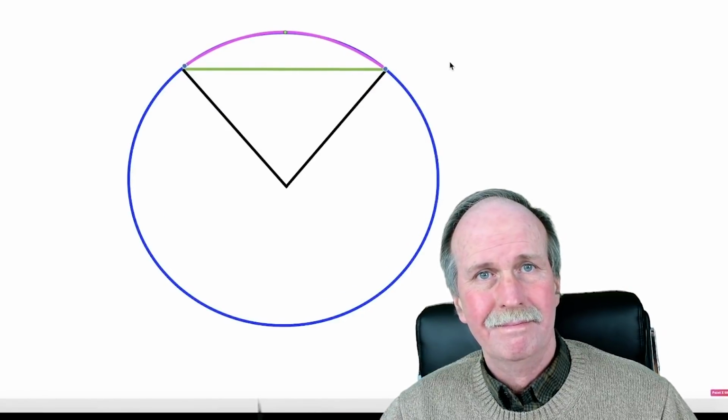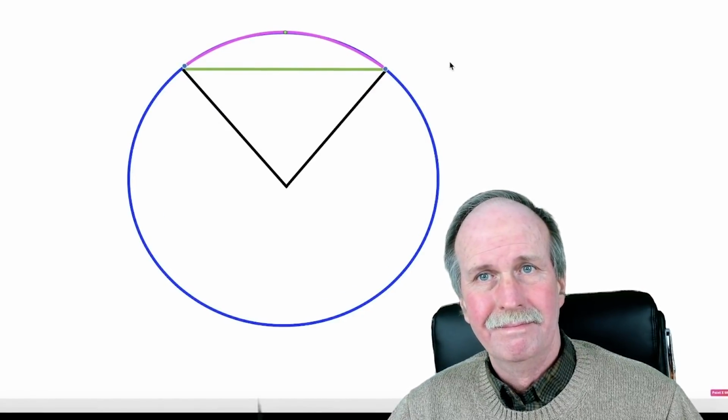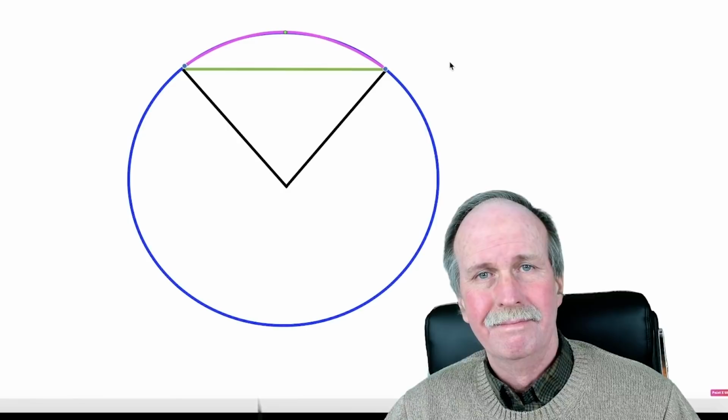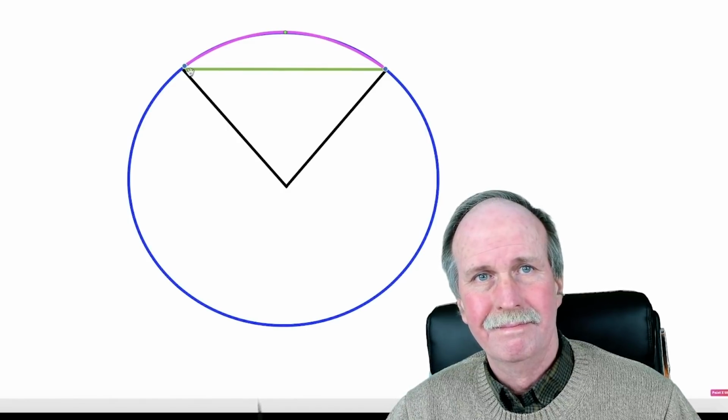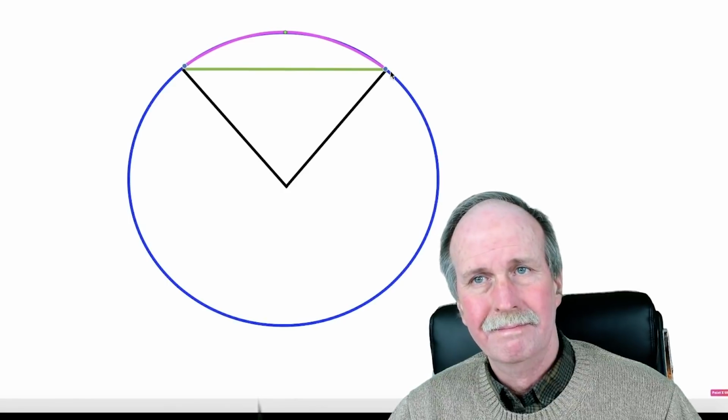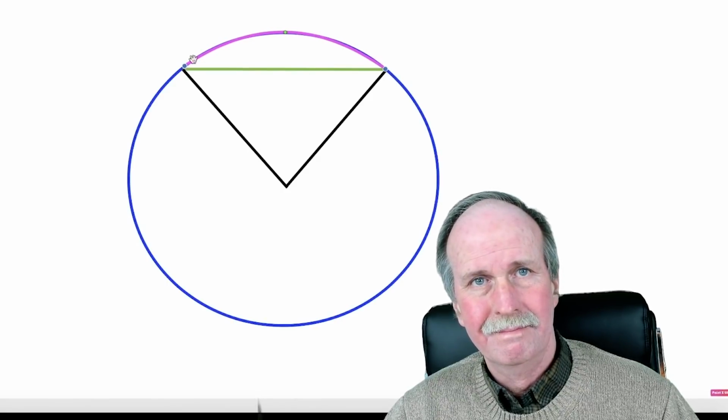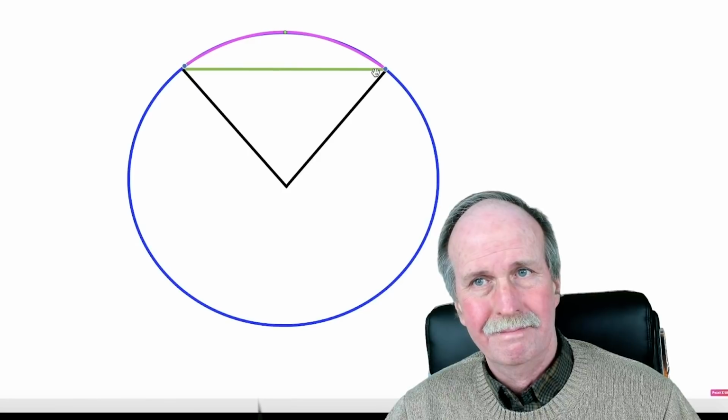So, some time ago, Bob was on Nathan's show, and he tried to use a chord as the base of a right triangle. And I pointed out to him that the chord was less than the arc that resides above it. So when you bring a chord through a circle, the arc that resides above it is greater in length than the distance. So the chord is always going to be less in length and distance than the arc.